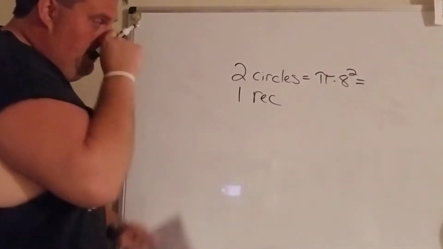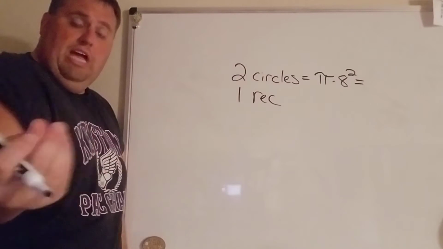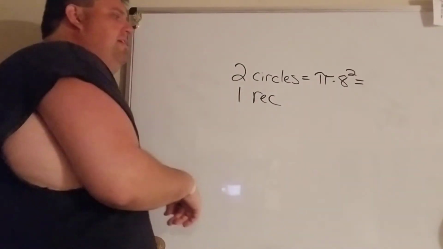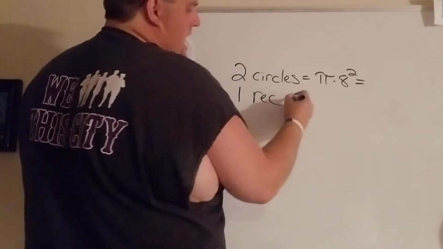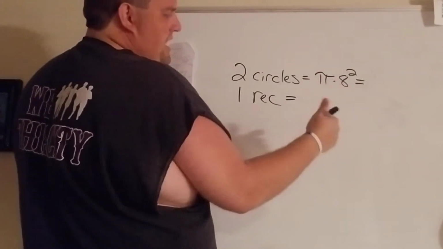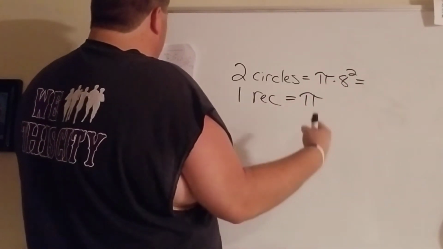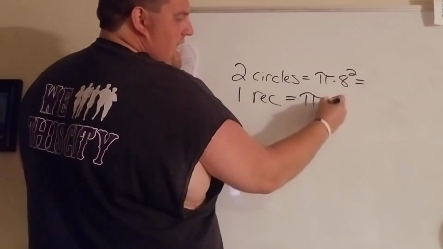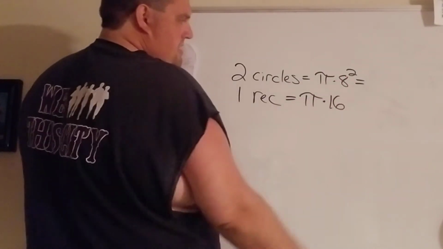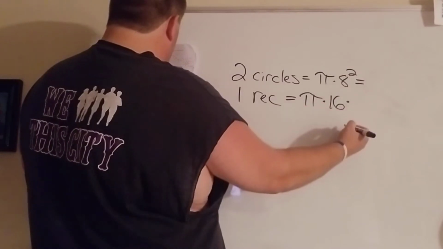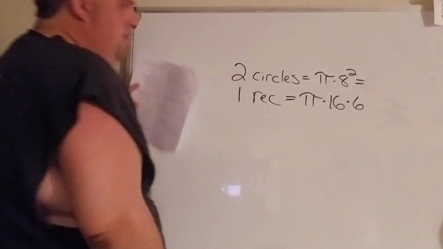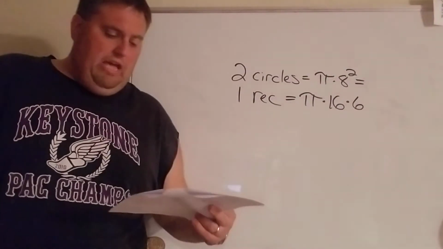Now we talked about that in the video, right? In your guys' notes, hopefully you have this written down. The rectangle part is pi times diameter times the height. So in this case, it's going to be pi. If the radius is 8, then the diameter is 16. And the height is 6. So that's what the setup should look like for number 20.